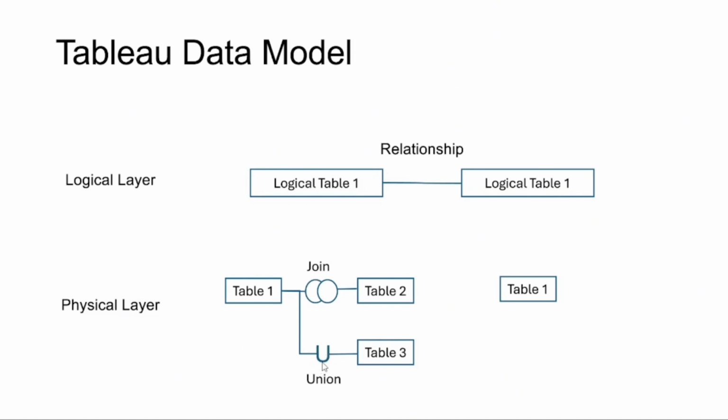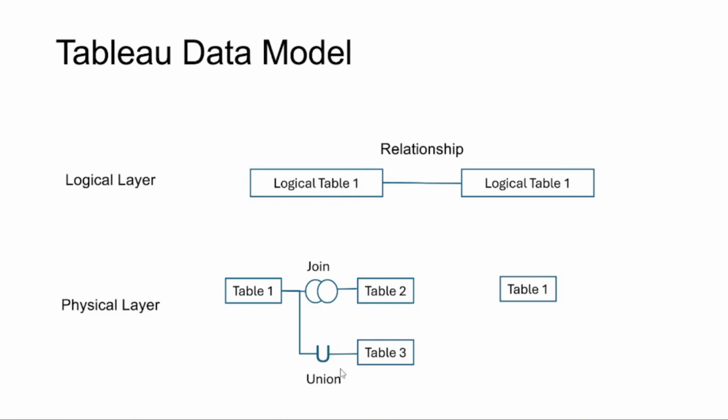The third way of combining data is union. Union, like join, is performed on the physical layer. It also combines data from multiple tables. But the difference between join and union is, join is performed on columns and the result of join grows column wise. That is, the columns from table 1 are combined with the columns from table 2.